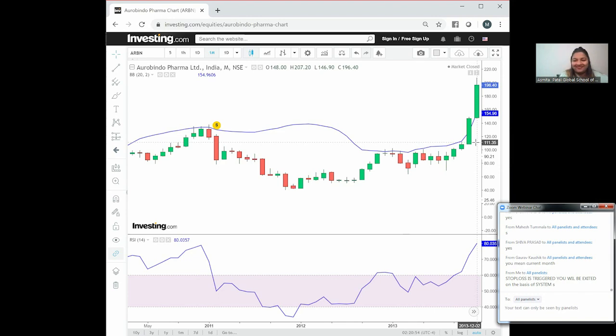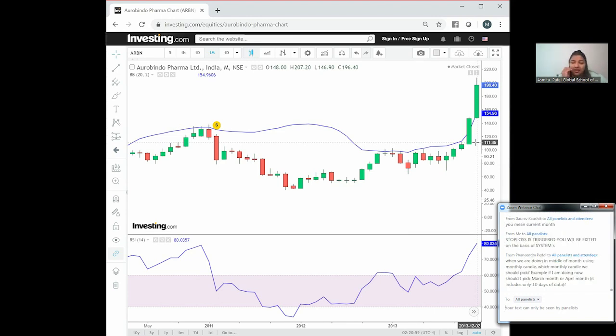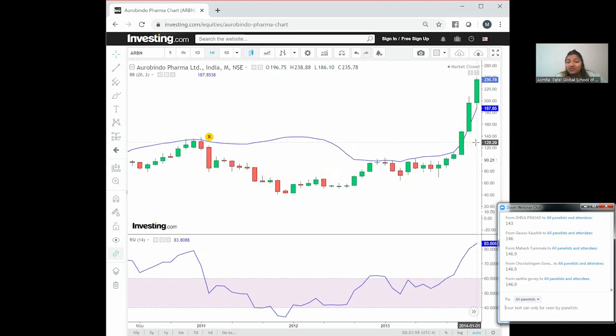Rule number 2 is the RSI above 60. Yes. Good. So rule number 2 is also satisfied. So if rule number 1 and rule number 2 both are satisfied, then you will buy above the high of that candle.